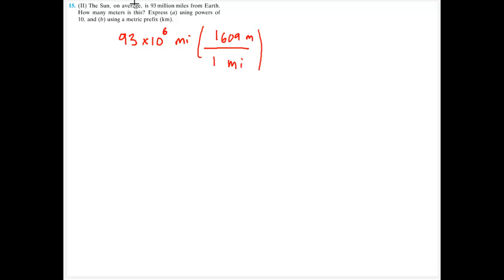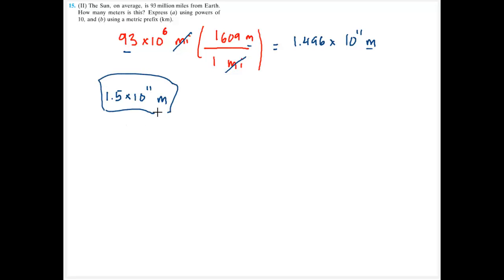So I go ahead and multiply this guy out, which is essentially like multiplying by 1. You can see how the unit of miles is going to cancel out, and I'm going to end up with 1.496 times 10 to the 11th, now with a unit of meters. Now, keeping into account sig figs, this has 2 significant figures, so technically I should write this as 1.5 times 10 to the 11th meters.